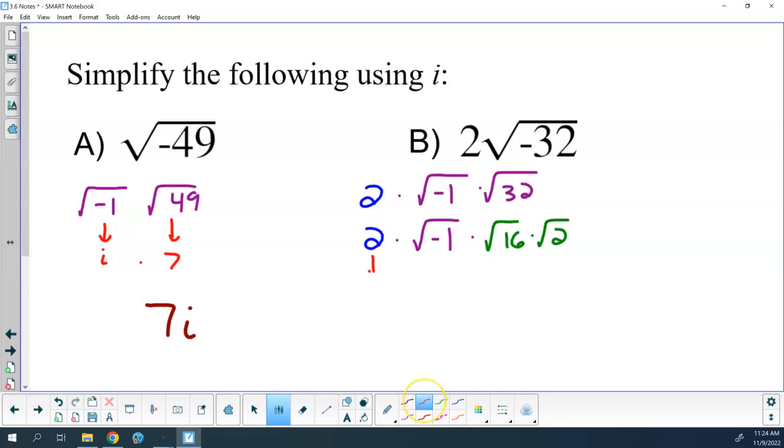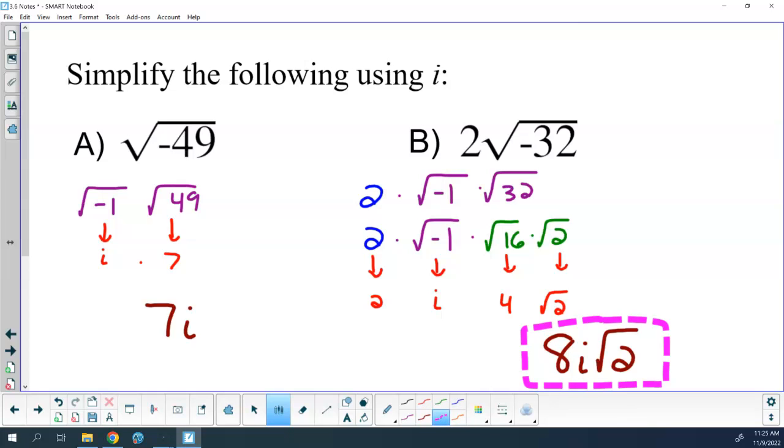And then that stays 2 because it's free. That one becomes i and becomes free. This one is 4 and is free, but the square root of 2 gets stuck back in there. And so we get 8i times the square root of 2 for that.